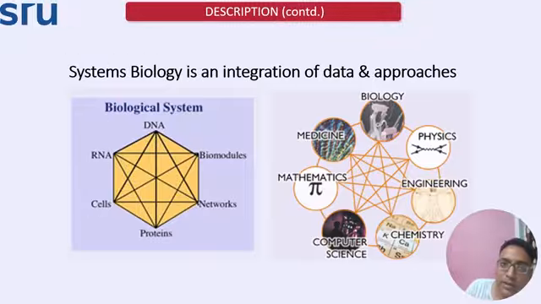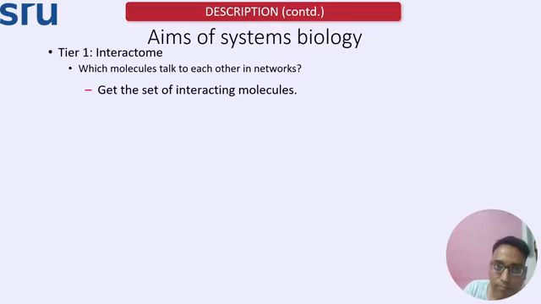So see, systems biology is an integration of data and approaches, as we have been discussing here. See, it's so complicated. So what are the major aims of systems biology? To find out which molecules interact, talk to each other in a network. The basic metabolic network, which molecules are actually interacting.